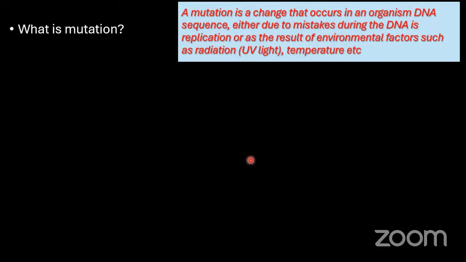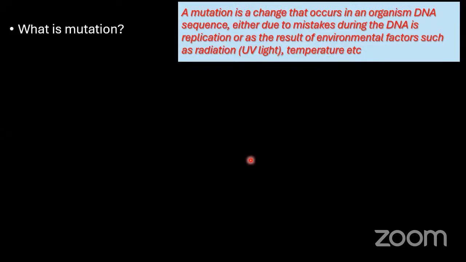This sequence change can be natural or artificial. When I say natural, it could be due to a mistake during DNA replication, or it could be as a result of some environmental factors that lead to a change in their DNA sequence.